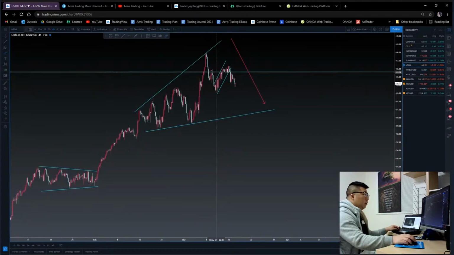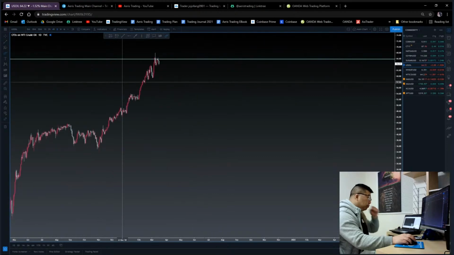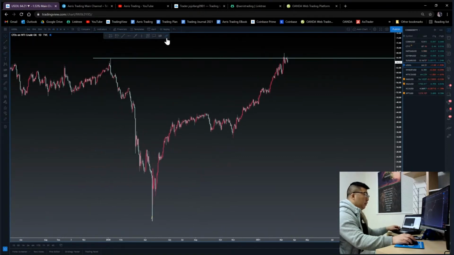So oil is something I'm looking out for in the next 24 or 48 hours, because how I see this on a higher time frame is that we already hit this potential higher time frame double top, and price moved up very impulsively without a bigger correction. You can see that this was a continuation correction for the price to continue.